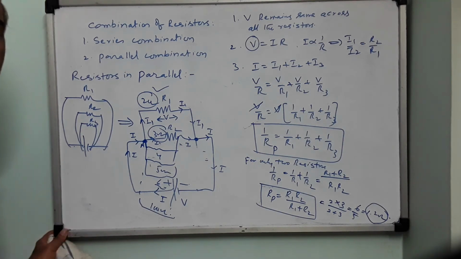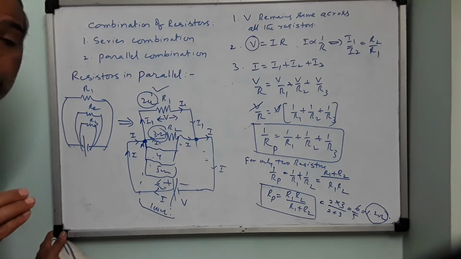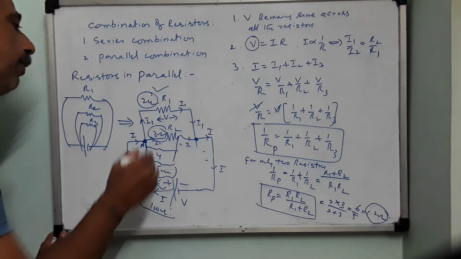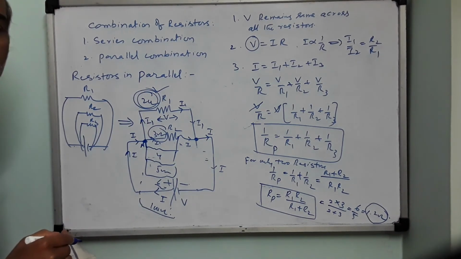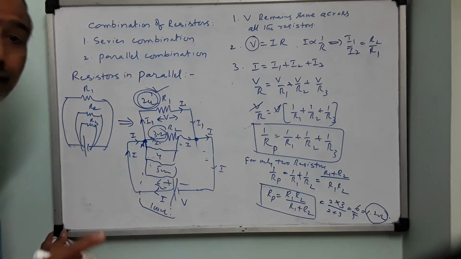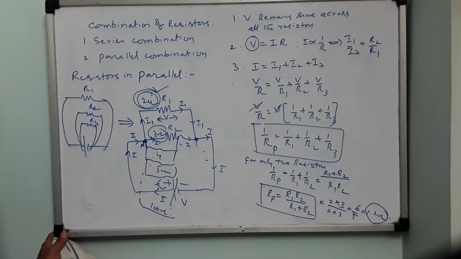The answer is the effective resistance of the entire combination will be less than 2 ohm. So if 1 ohm to 100 ohm are all connected in parallel, the effective resistance of the combination will be less than 1 ohm.